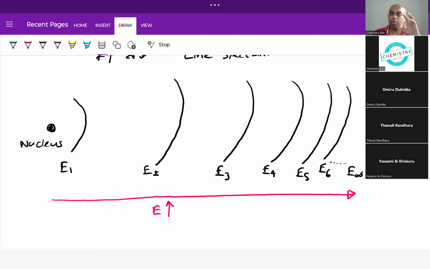Now, let's talk about the natural scenario. Again, hydrogen as it is without doing anything. That means the ground state. I have explained to you the idea of the ground state. That means it has not absorbed any energy.